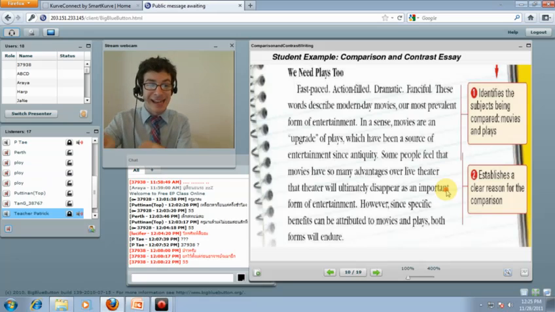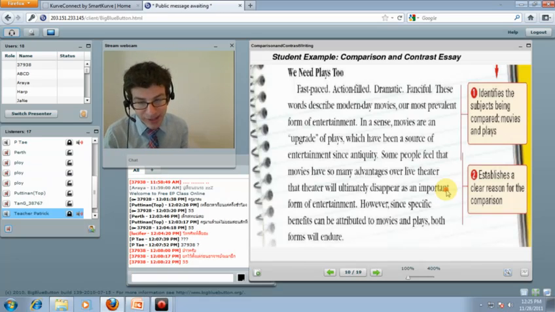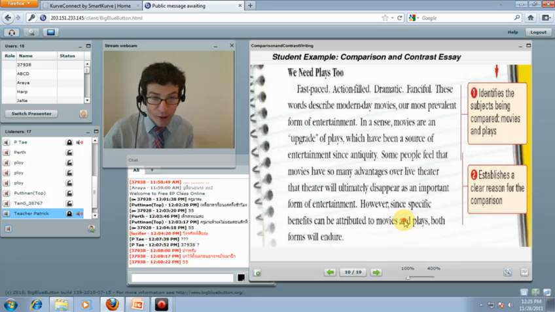We learn that in the next sentence when it says, however, since specific benefits can be attributed to movies and plays, both forms will endure. So, specific benefits to both. Okay, so we're going to be looking at movies and plays, and we're going to be looking at the attributes of one, and the other.